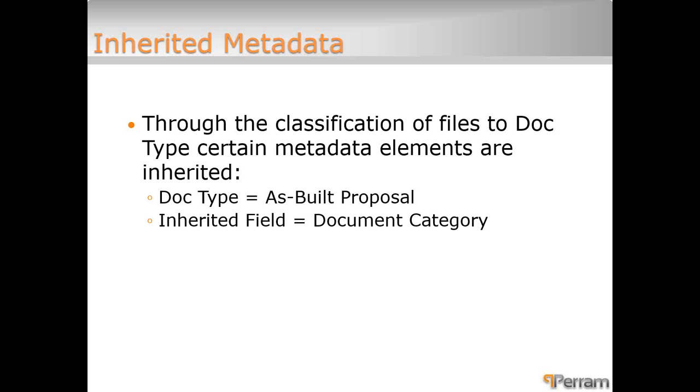So inheritance is just as it sounds. As I've referred to, we have this doc type defined, and the first step of this process is really to classify each file to a doc type. So if we have 10 million files and, let's say, 100 doc types, we're going to slot the files into the right doc type.